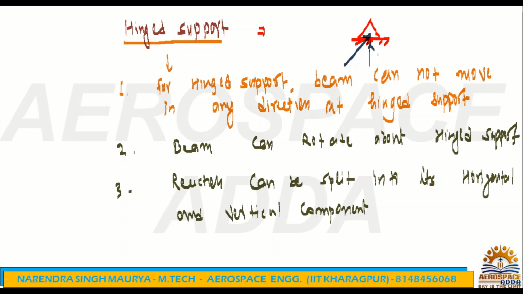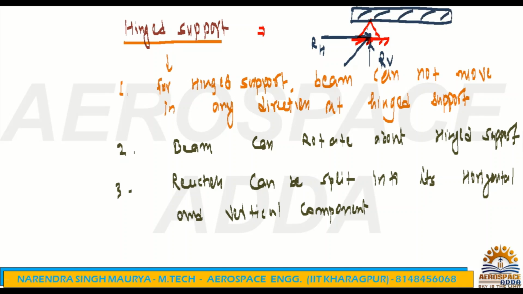So the two components you can take are V, vertical, and another is RH, the horizontal reaction force, and your beam is resting on this hinge support. This is the beam.